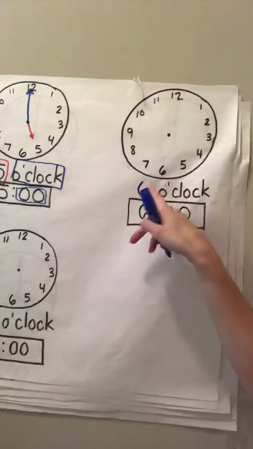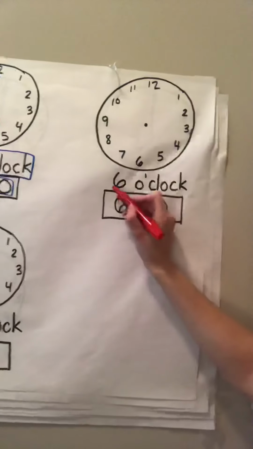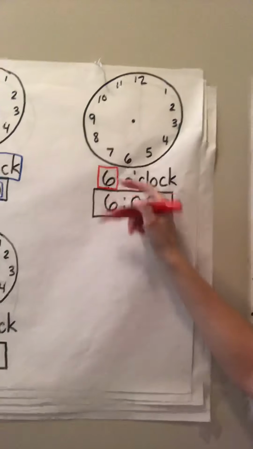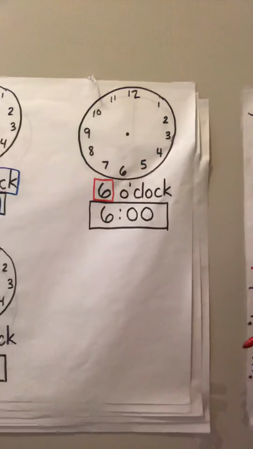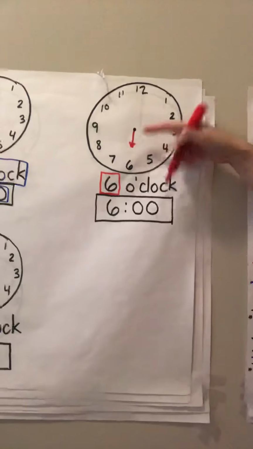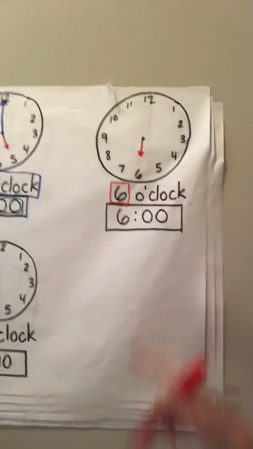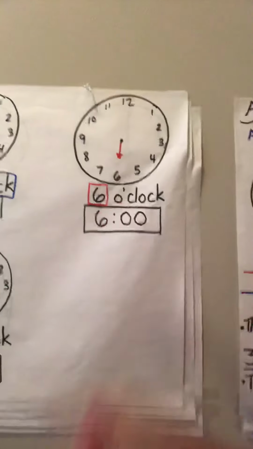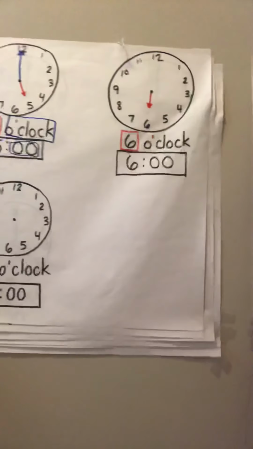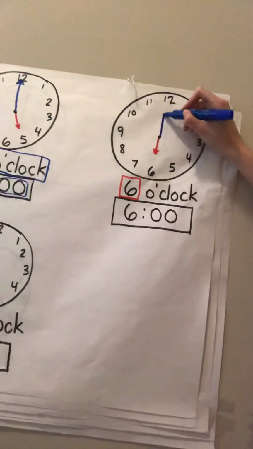Now we need to draw 6 o'clock. So we look at our first number because that tells us our hour. So my hour hand has to point to the 6. So I'm going to point it and make sure it's short. The hour hand's always shorter. And then where does my minute hand, my long hand, go for the o'clock? Right, it goes up at the 12.